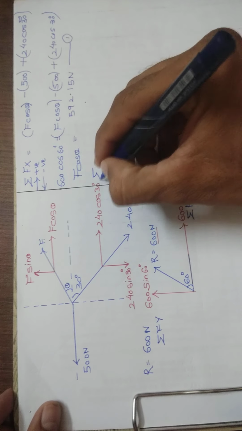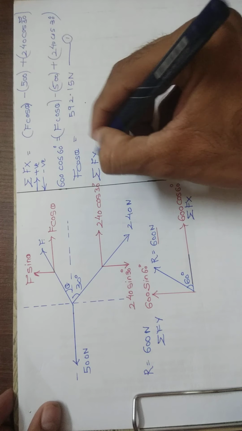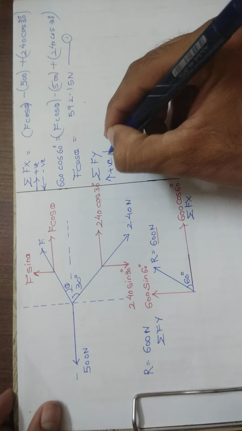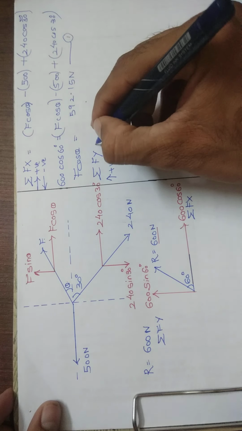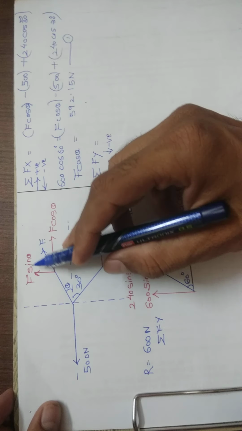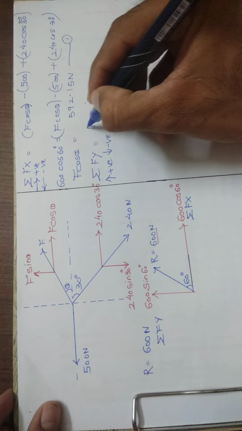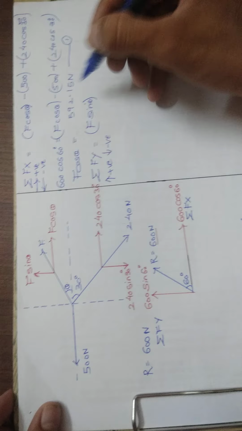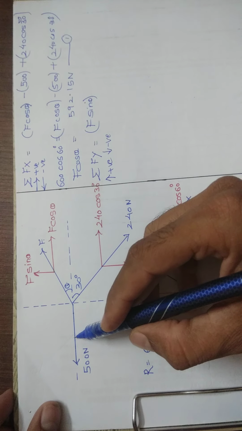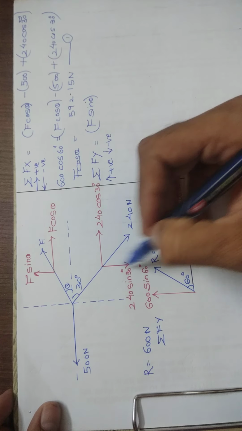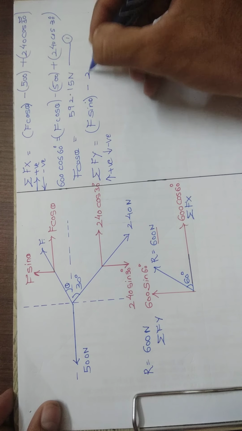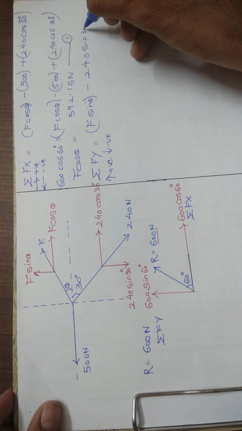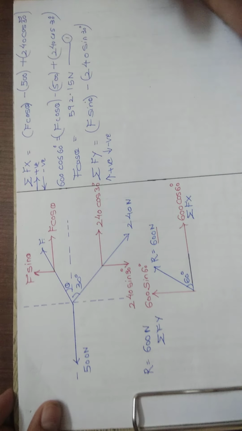In the same way, summation of Fy is equal to, upward is taken as positive, downward is taken as negative, for all y components. The first y component is F sin theta, and it is vertically upward, positive. What about this one? There is no y component for this. Yes, there is a y component for this: minus, y minus downward, 240 sine of 30 degrees.